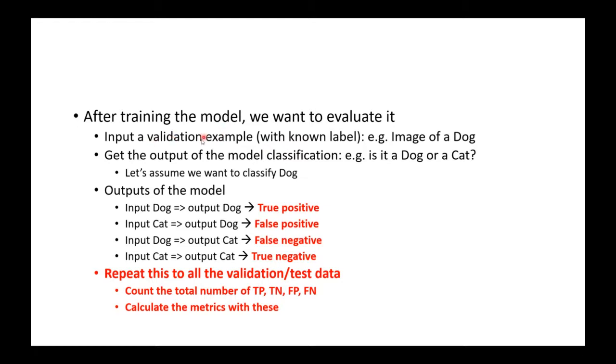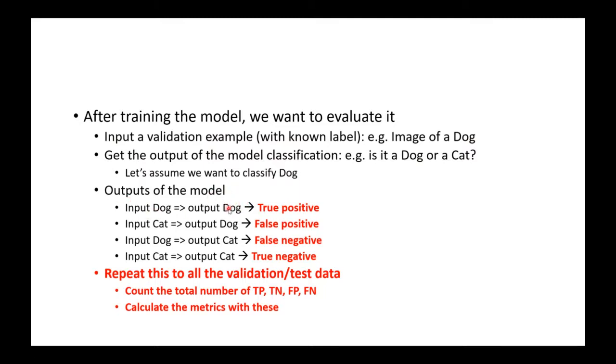So we input a validation example, such as the image of a dog. I have a classifier that classifies cats and dogs. I get the output of the model classification: is it a dog or a cat? Let's assume we want to classify dog. We want to find all the dogs in the data set.